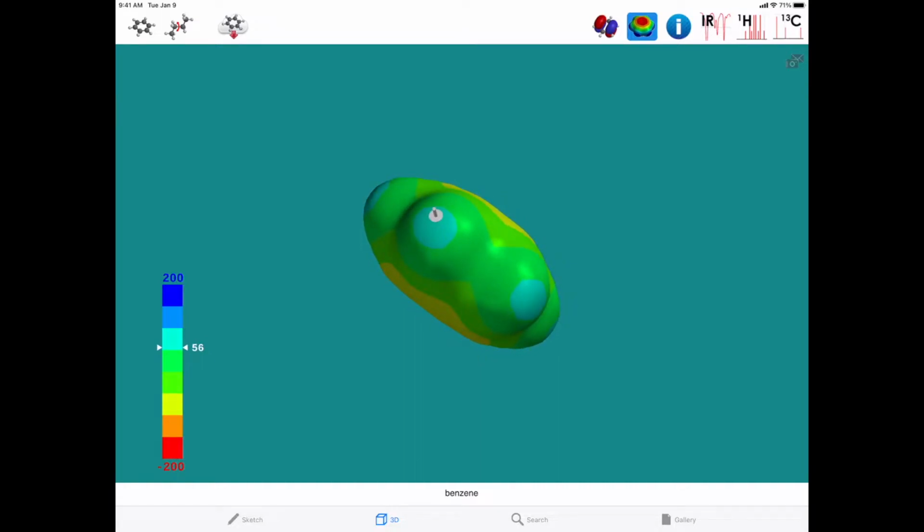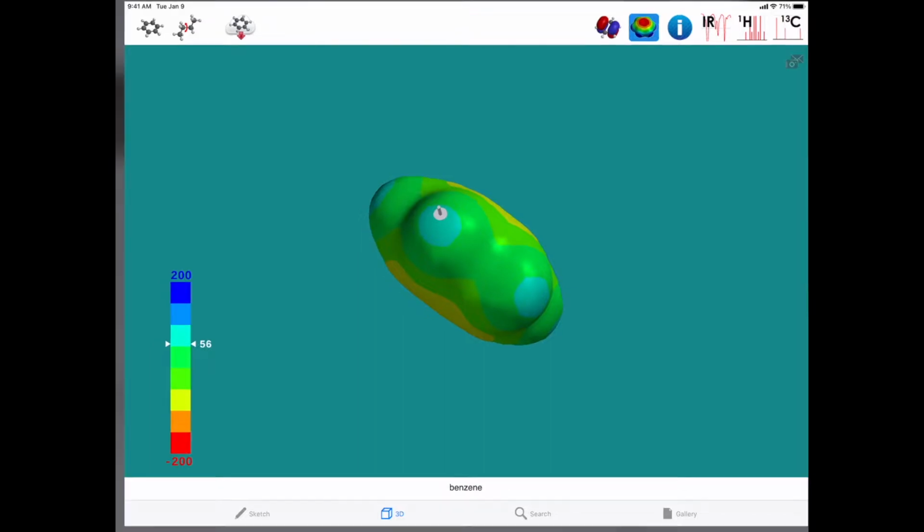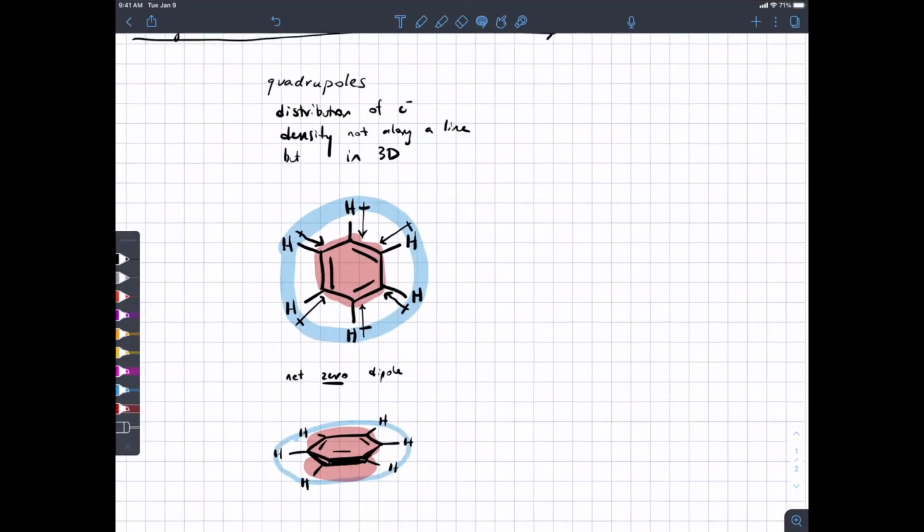So you should be used to thinking about molecules like benzene as being nonpolar, but having this quadrupolar characteristic where the face of the ring is electron rich. This has consequences in chemistry and biology.